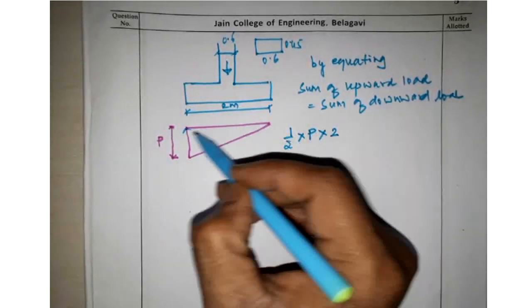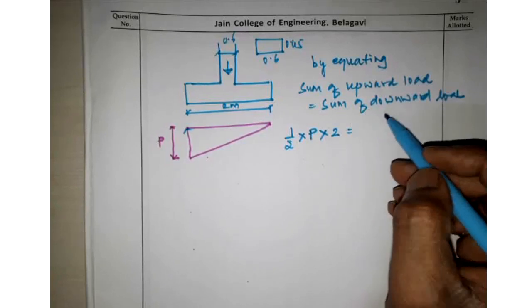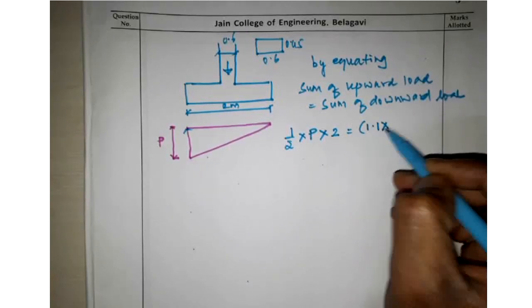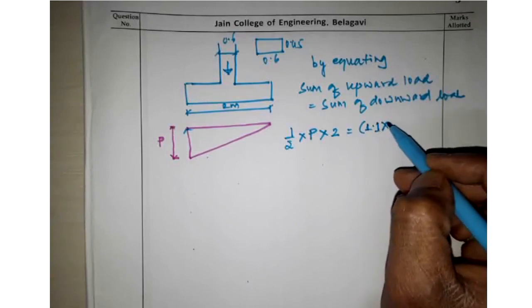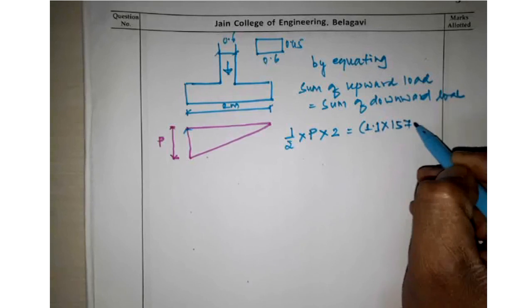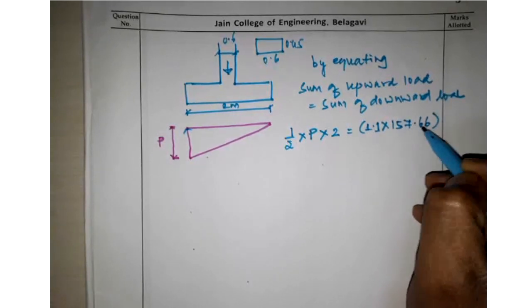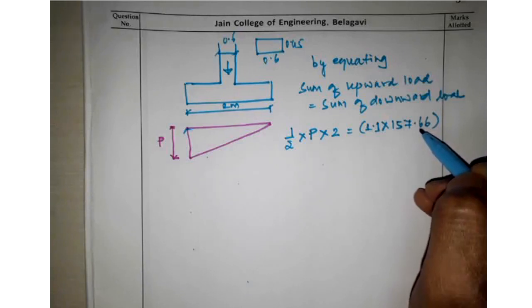So this is 2 meter, half base times height equal to, so the load is 1.1 times, because we have to consider 10% of the footing load, 1.1 times 157.66. Okay, this is the axial load acting over the column.